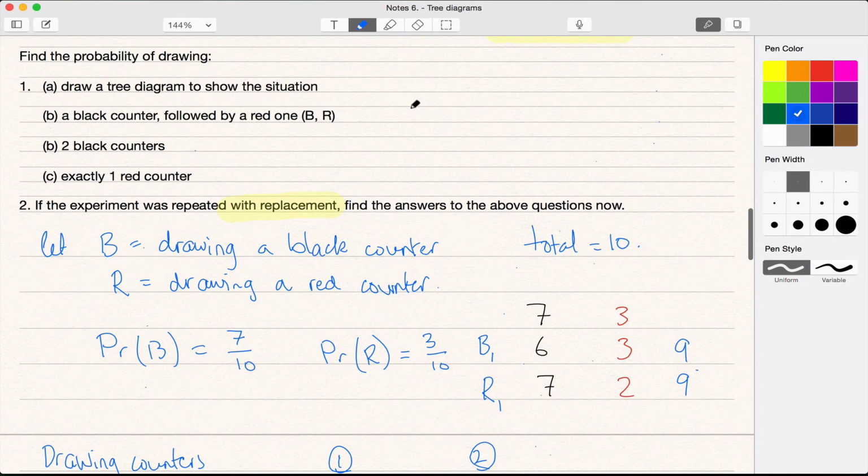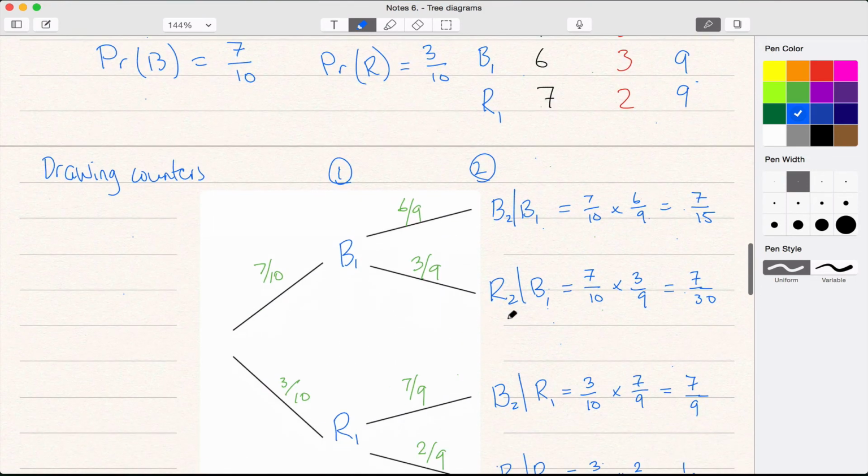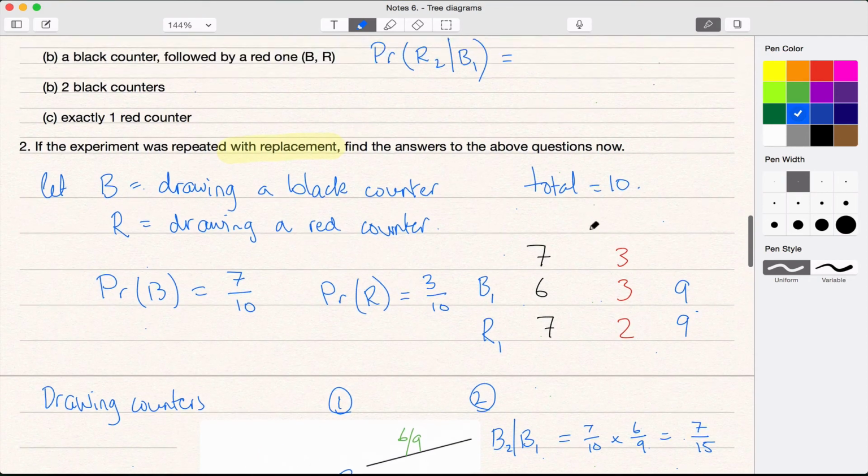Part B is asking for the probability of a black counter followed by a red one. So it's actually a probability of getting red 2 given black first. Red 2, black 1, so we can just read it straight off here, 7 out of 30.